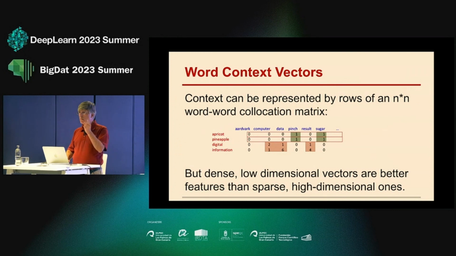It would tell you about what words are associated with apricot. What's bad about that? One is it's going to be a very long vector. How long is it going to be? As big as the vocabulary size. So you said 50,000.